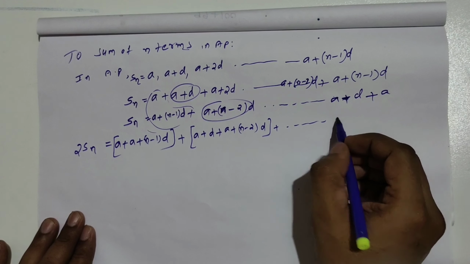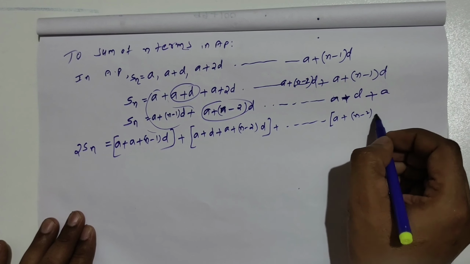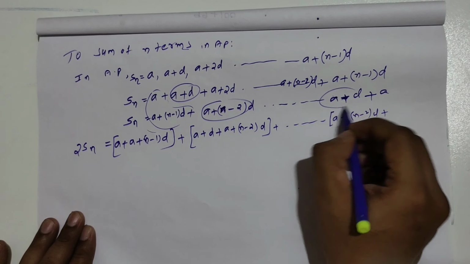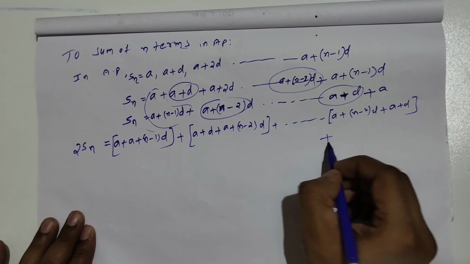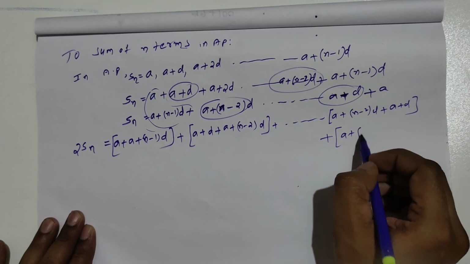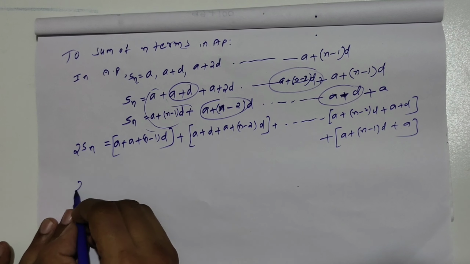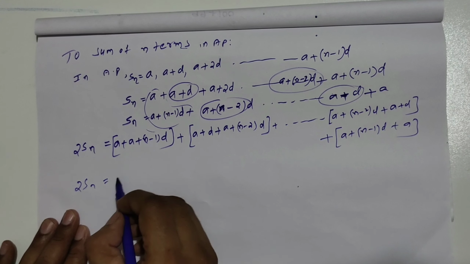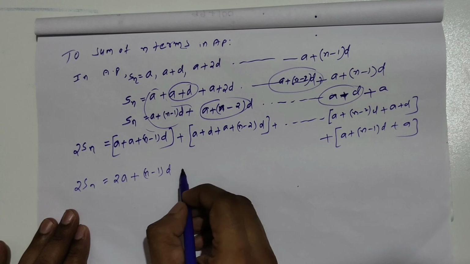So on and so on. Here also we get a plus (n minus 2) d, plus these two terms, a plus d, and the last a plus (n minus 1) d plus a. Children, observe that each and every term becomes 2a plus (n minus 1) d.